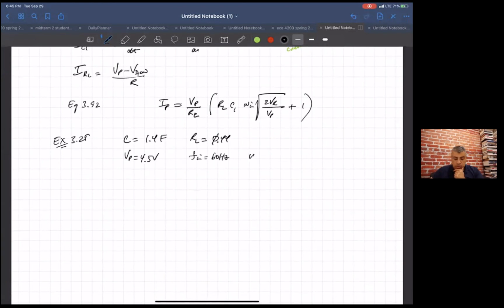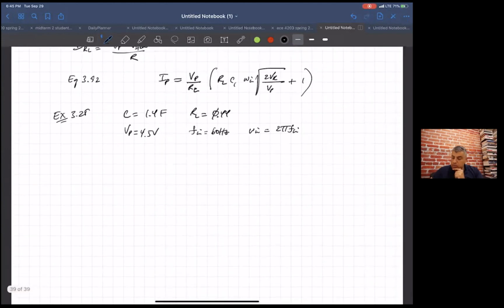So W is 2 pi F in. And we wanted a ripple of 0.1 volts. So if I plug all this stuff into this guy, you end up with a peak current of 517 amps.